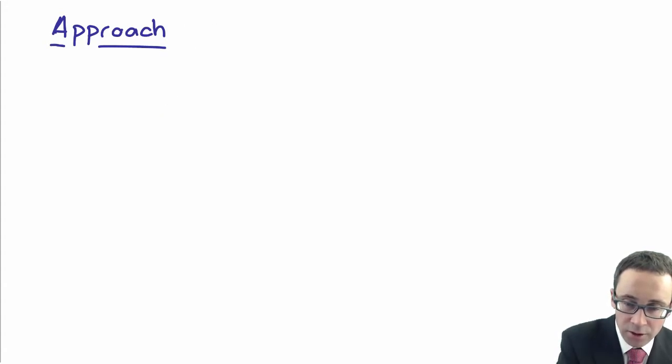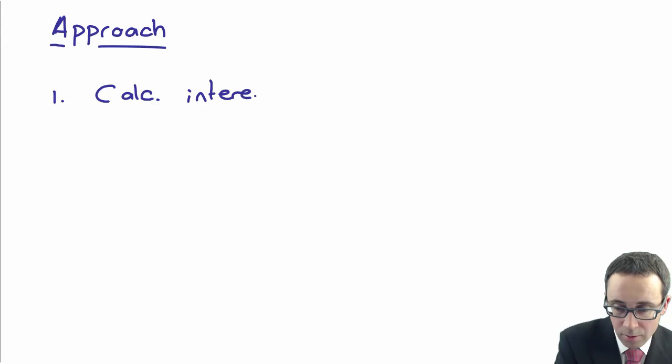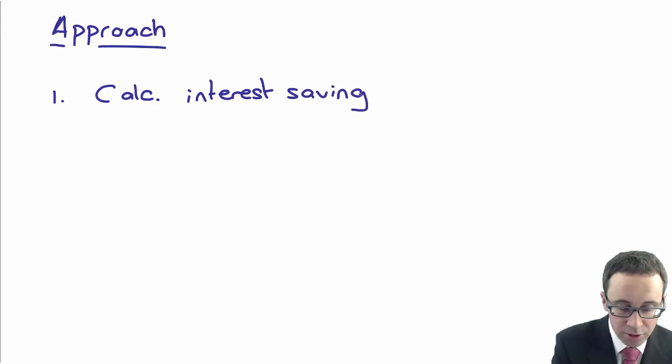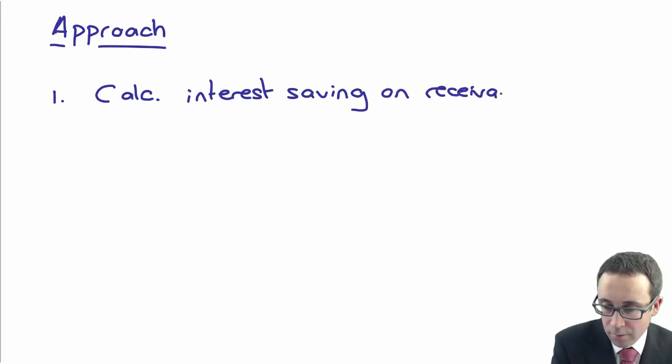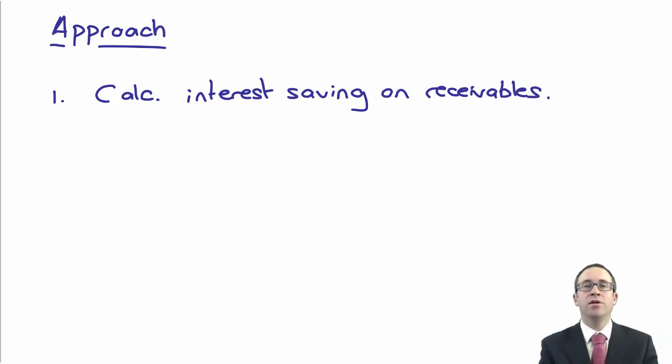First of all, what we're going to consider is you are going to calculate any interest saving on your receivables, because hopefully if you've sent your debts off to a factor, they should be able to collect the cash that bit quicker, shouldn't they? And therefore you will save on your interest.